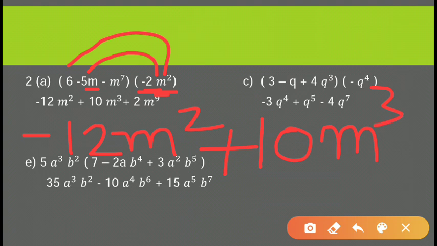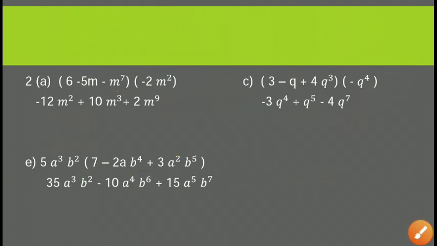So this is the product of the second term. Now the third term, when you multiply this, again minus minus will become plus, and 2 will be as it is, m to the power 7 and m to the power 2. Base is same, so the power will be added. So m to the power 7 plus 2, 7 plus 2 means 9. So this is your answer.